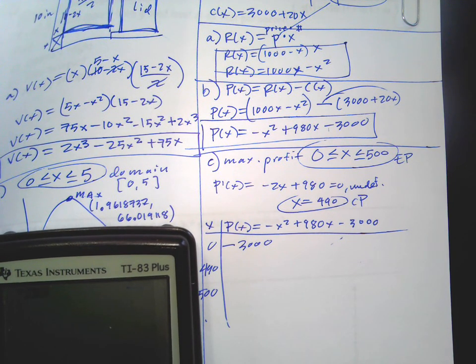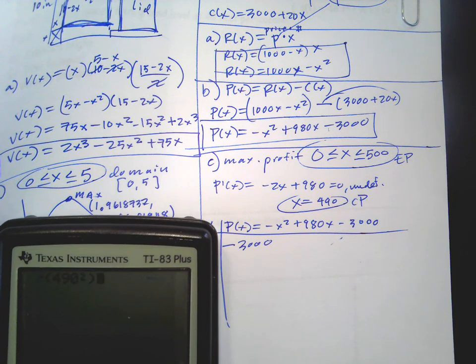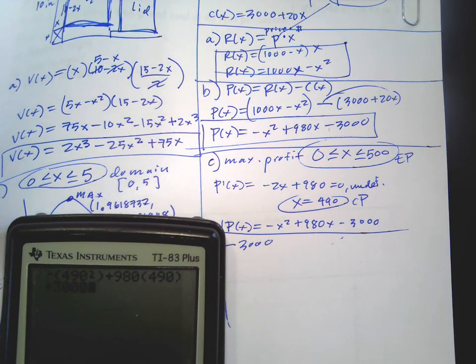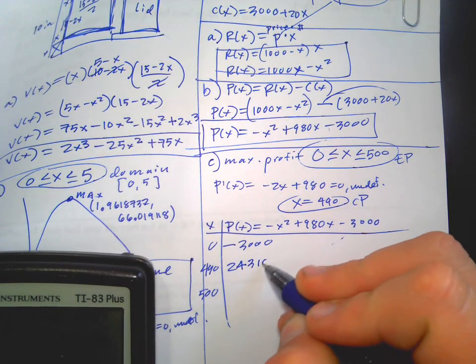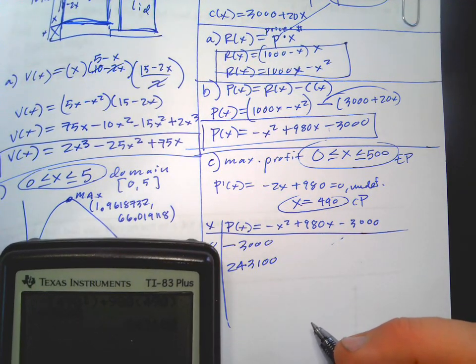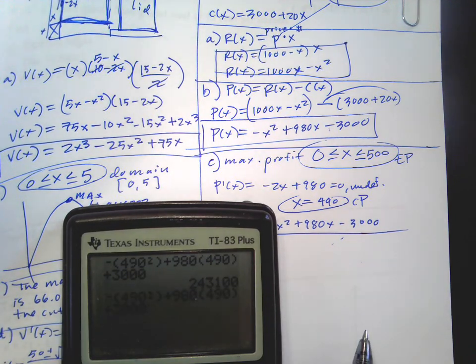Negative 490 squared plus 980 times 490 minus 3,000. Let me make sure I did that right. This last one is supposed to be minus 3,000.